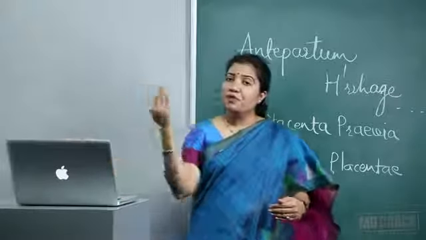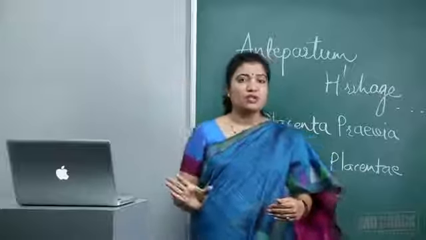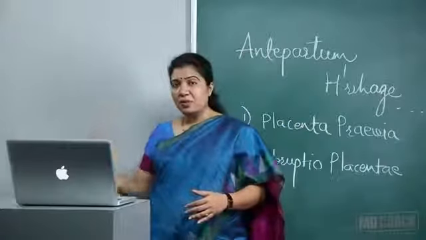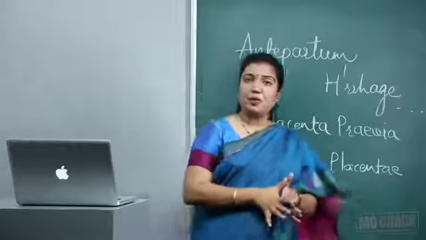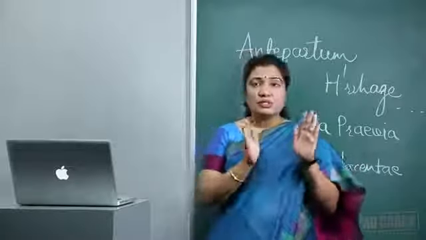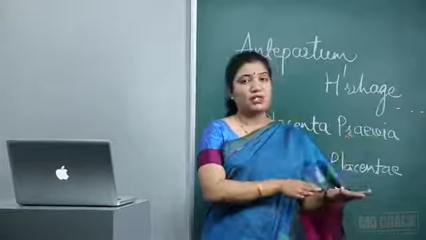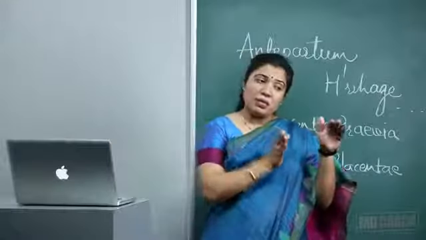In abruption, you will usually find the BP is either high because of the presence of PIH, or sometimes there can be the presence of shock. When you examine the patient per abdominally, you will see that in placenta previa, the uterus is proportionate to the gestational age. In abruption, it may not be, in the concealed variety.